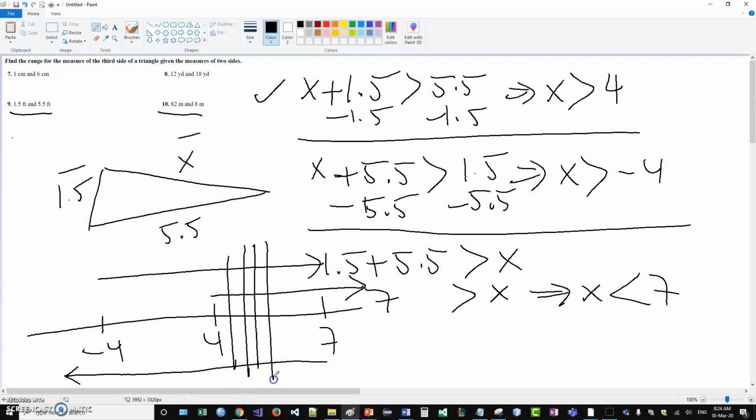Now the three solutions meet right here. That means x should be between 4 and 7. So the range for the measure of the third side is between 4 and 7. Otherwise, we will not have a triangle. Okay, pause the video and look at how we did this.